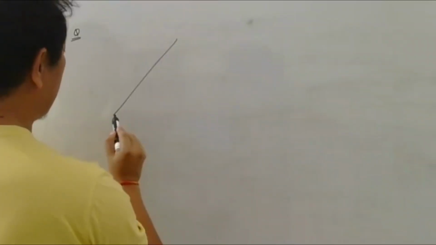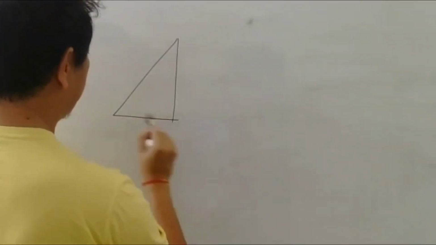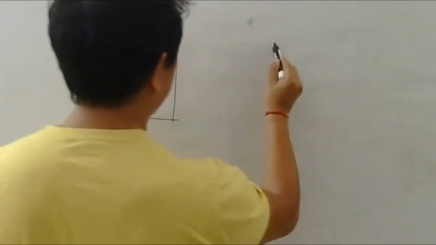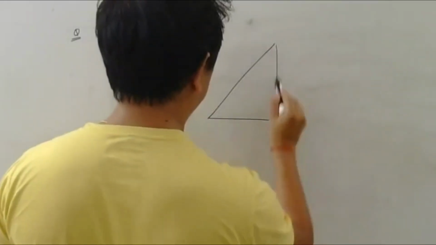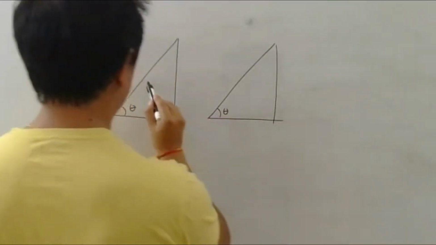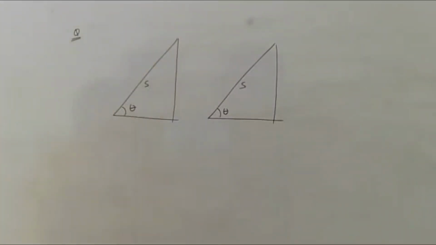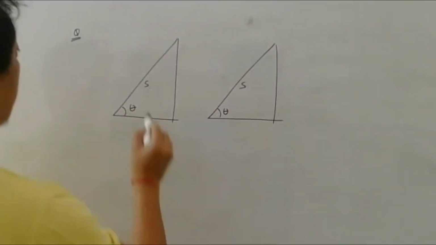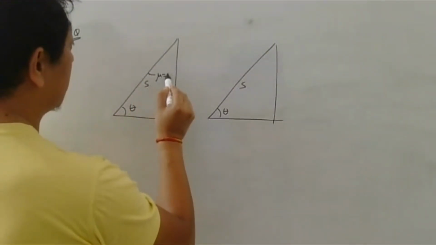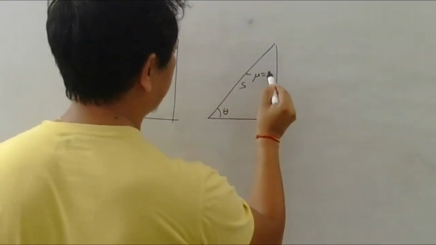Suppose you have an inclined plane and here you have same inclined plane, same length, this distance s and this distance s is same, theta is same, but here there is no friction, here there is some friction.